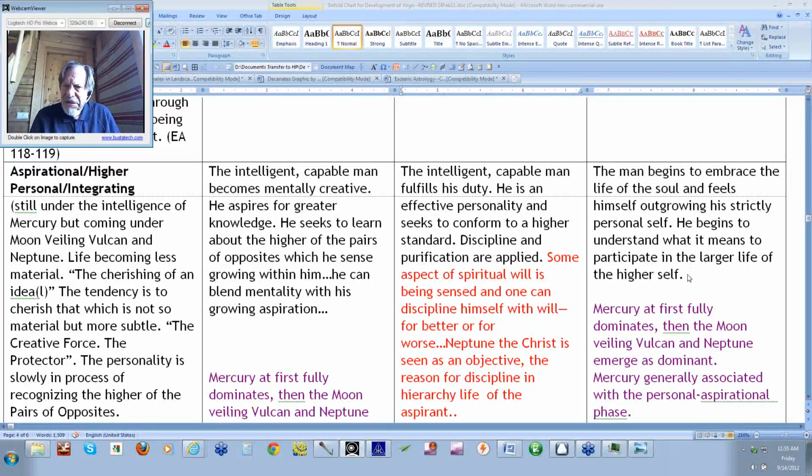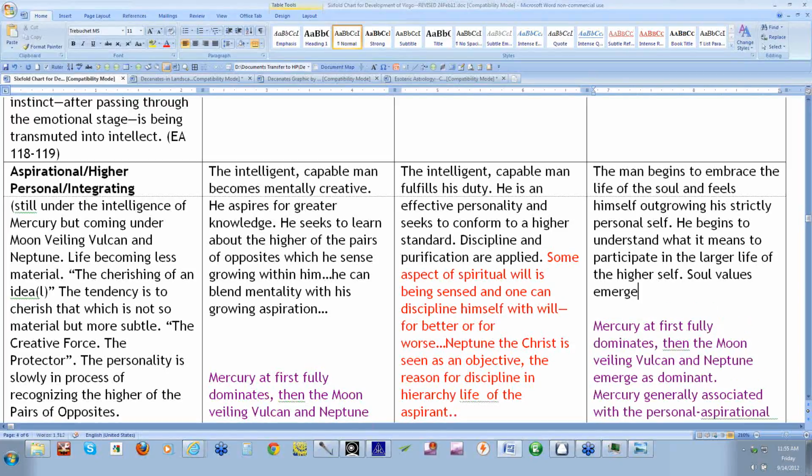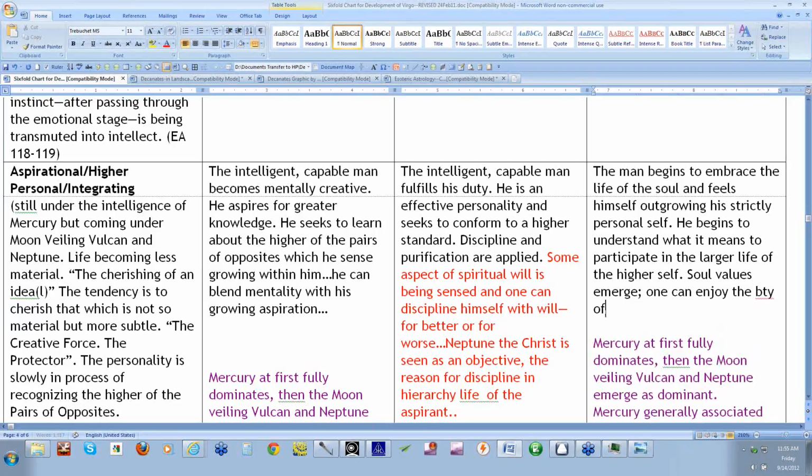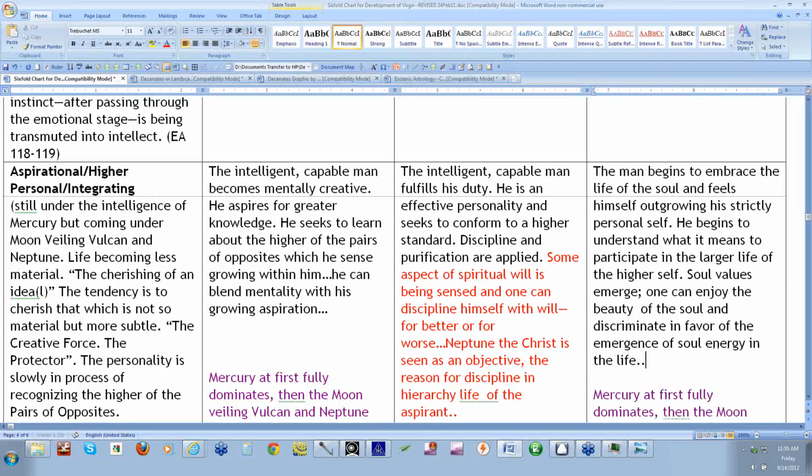So he begins to understand what it means to participate in the larger life of the higher self. So let's just say soul values emerge. One can enjoy the beauty of the soul, and discriminates in favor of the emergence of soul energy in the life.